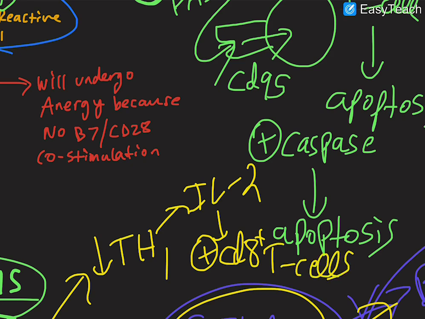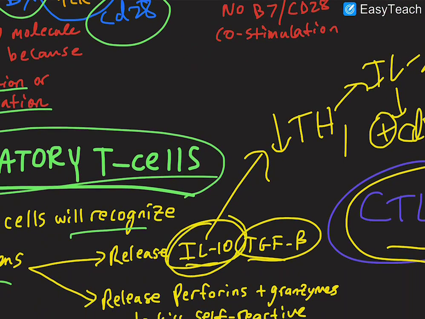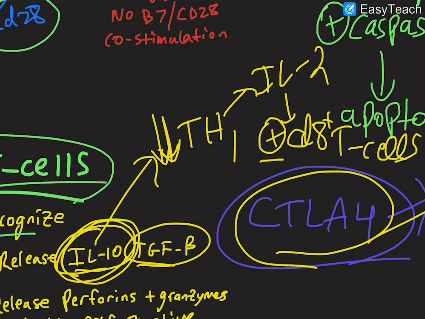So in a way, because IL-10 reduces the activation and the overall activity of Th1, that will lead to an eventual decrease in activation of CD8 T cells. So it's another way to decrease activation of your immune system, right? That's what regulatory T cells do.